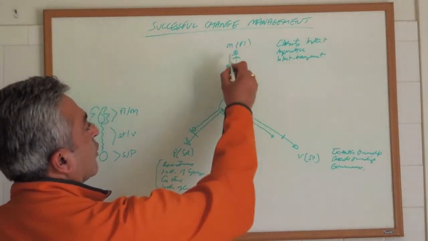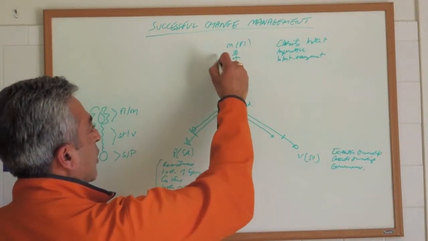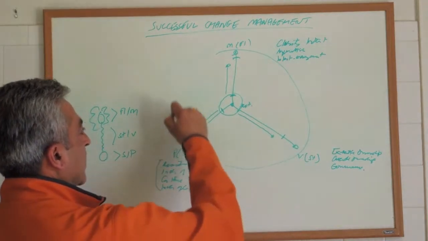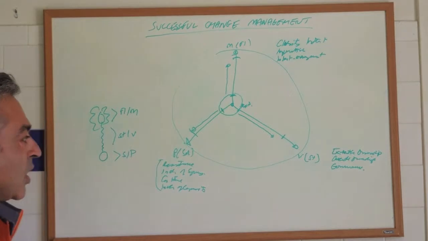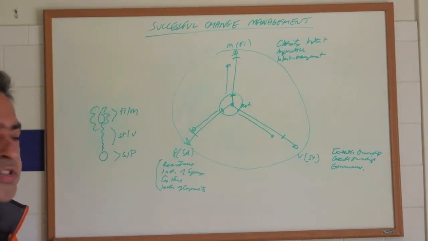When successful change does happen, however, it may look something like this, where it animates the full organization because these three dimensions have been worked. Now, a couple of very interesting things about this.